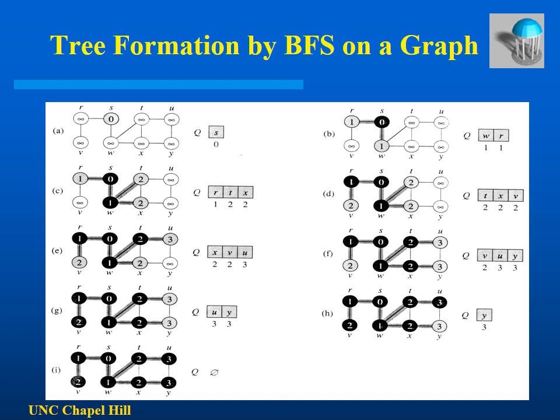And arcs that are part of the path and then form the tree pi will be marked with broad gray lines.